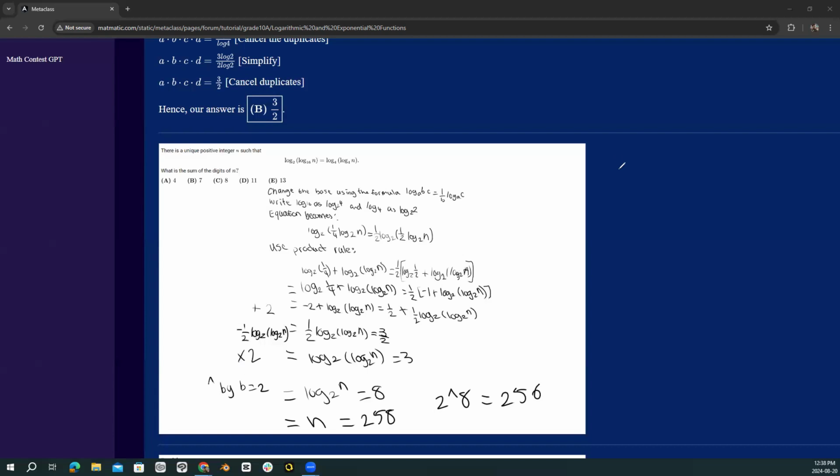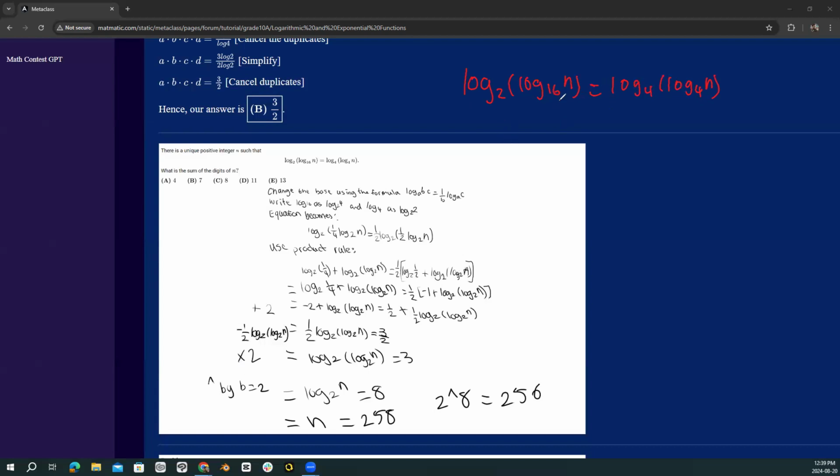Starting with our original equation, we can begin by converting the left side. This is already base 2, so we don't have to do anything about that.